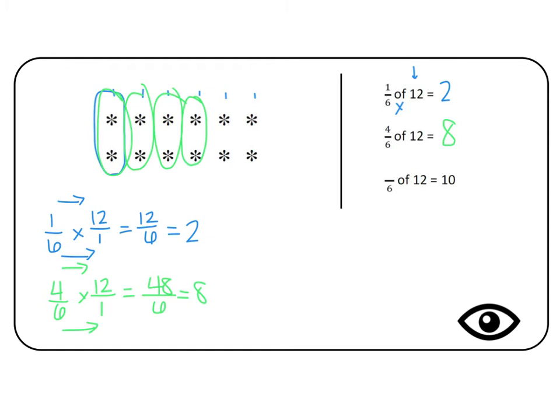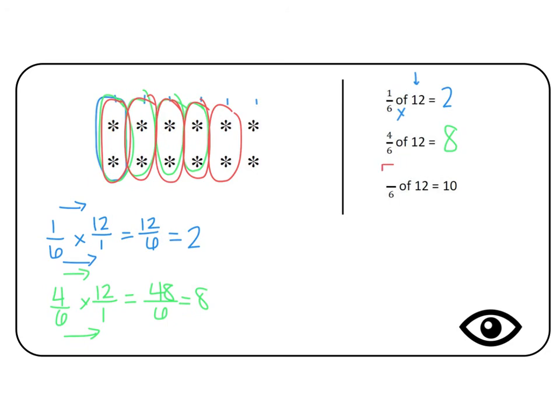All right, in our next example, we need to figure out the numerator. So we need to know something of 12 equals 10. So if we have 10 circled, so this would be one more. So 1, 2, 3, 4, that's 8, 9, 10. So that would be 1, 2, 3, 4, 5, 6. Sorry to make everything wiggle. 5, 6.